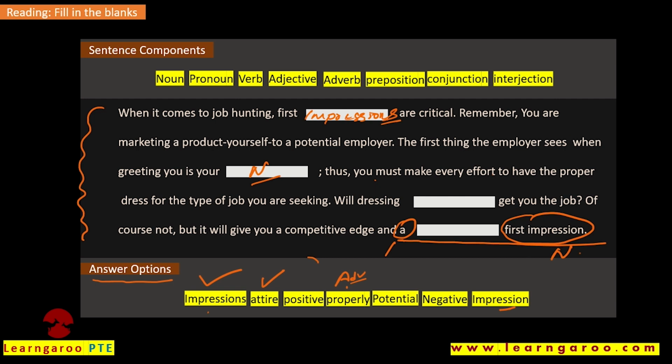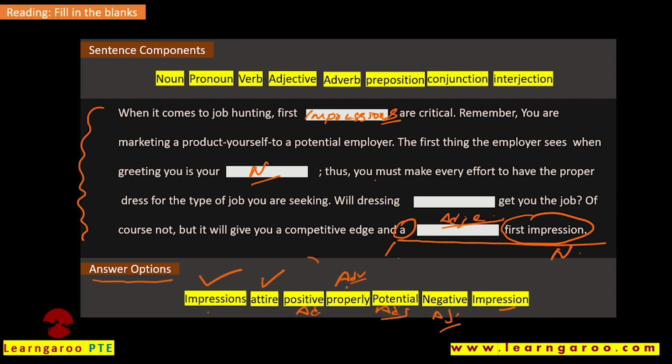If there is a blank between an article and a noun, this is the position for an adjective. I'll check my adjective part. I have 3 adjectives here, so I'll eliminate the remaining part. A positive first impression, or a potential first impression, or a negative first impression.